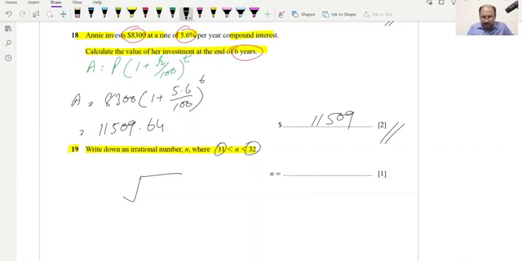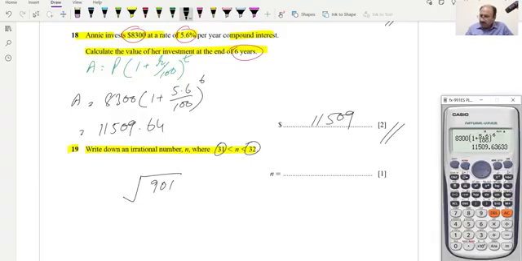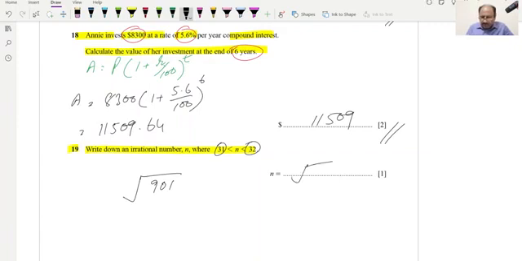If we check the square root of 901, this will be equal to 30.101, so this is basically in between, so we can write 901. This is the irrational number.